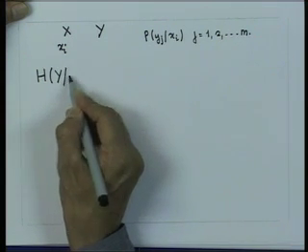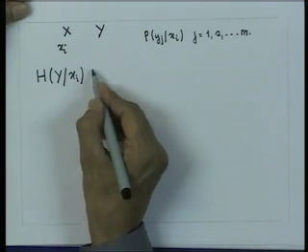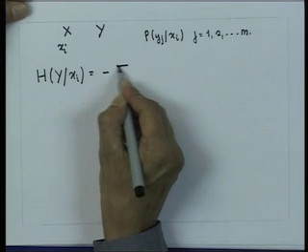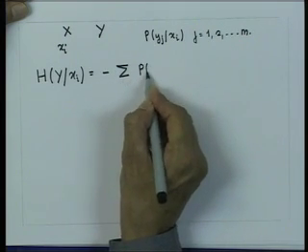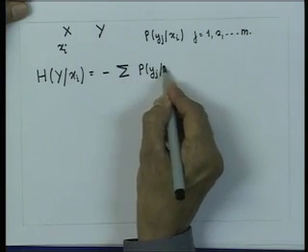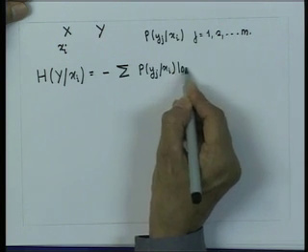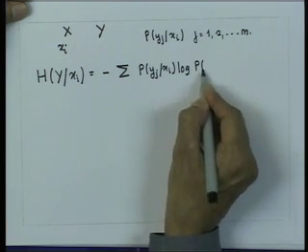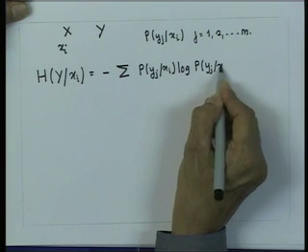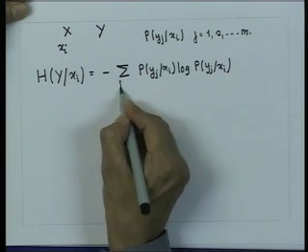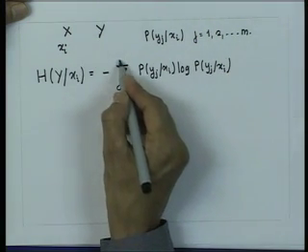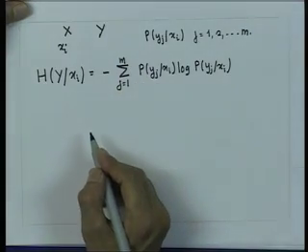By definition it is given as H of y given xi, which is nothing but the summation of probability of yj given xi log of probability of yj given xi, j equal to 1 to m.